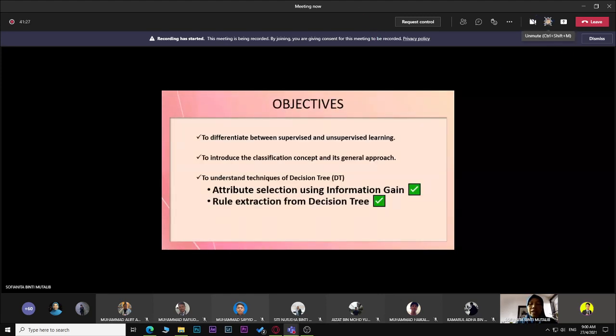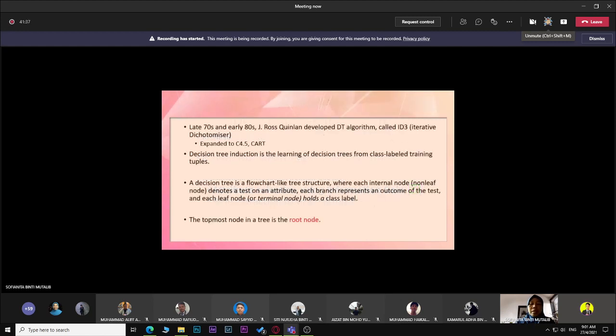Yes. Okay. So now we are going to look at the techniques in detail, to understand further how the algorithms work. The algorithm was introduced by J. Ross Quinlan, and is known as ID3, the Iterative Dichotomiser.